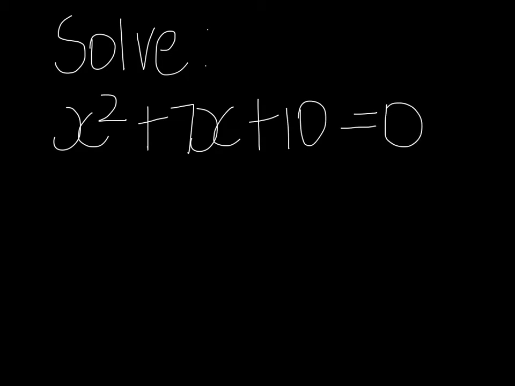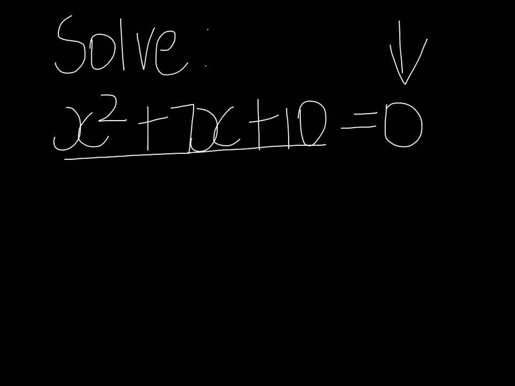Now, in order to solve a quadratic, you need to rearrange your equation so that it is equal to 0. First of all, you are going to factorise this as we were doing previously.